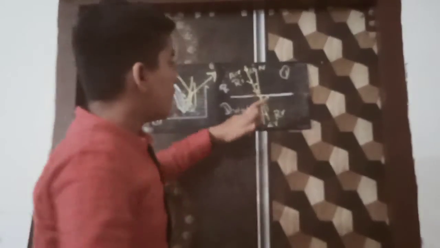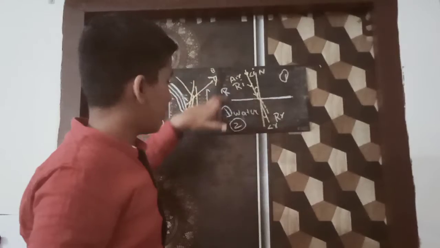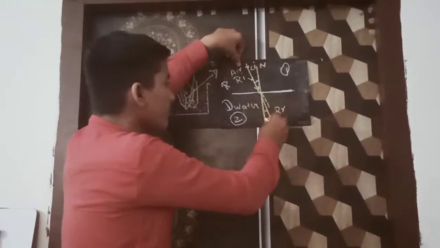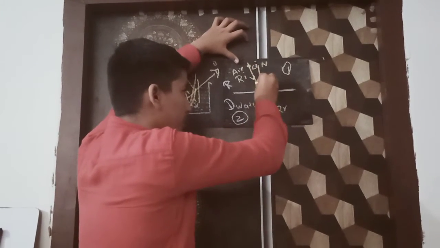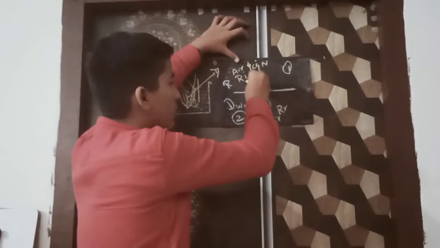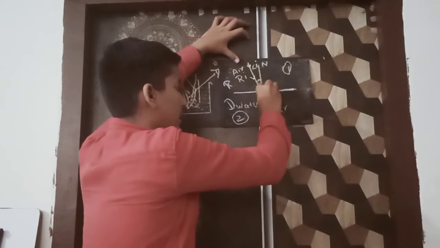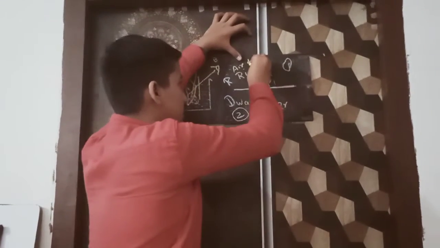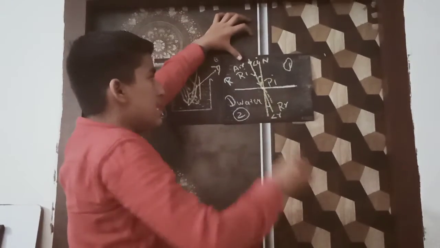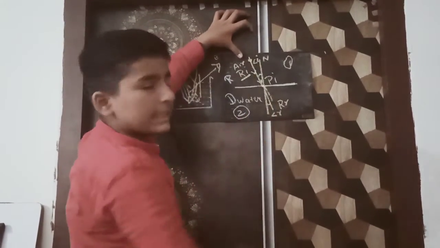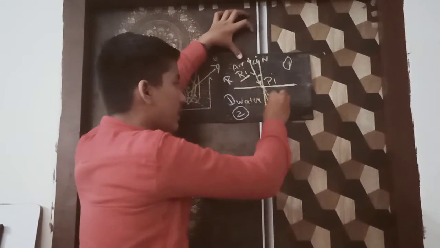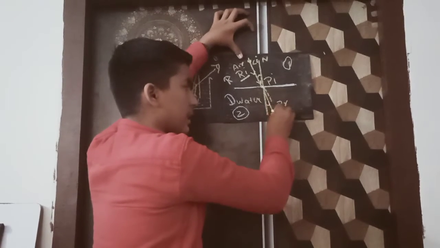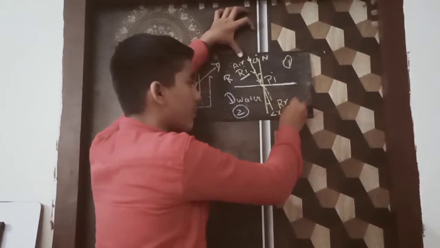In this condition, when a ray of light comes from a rarer region to a denser region, it comes closer to the normal. Here, this ray of light before going from a rarer to a denser region, at the point of incidence, is called the ray of incidence, and after going into the denser region, this light gets deviated from its path and this ray is called the ray of refraction.